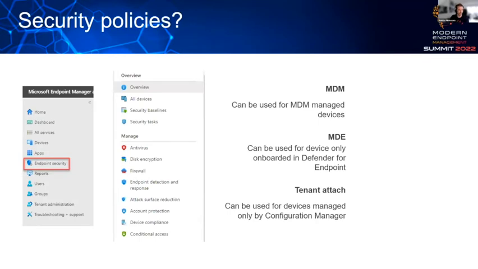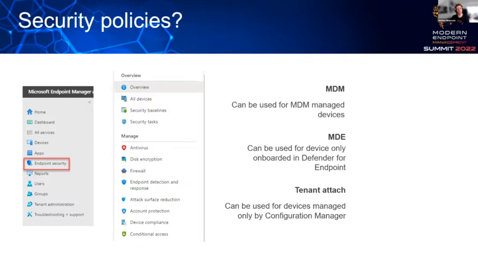Now, what is great about using the endpoint security is that if we have an Azure role, I'm talking about role-based access here, you can actually give that responsibility to your SecOps division. That means if you're a security administrator in Azure, you actually have the possibility to set policies inside Intune in this area.